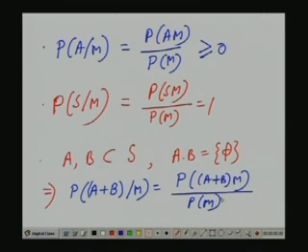Now, we have already seen the distributive property of these set operations, union and intersection. So, (A ∪ B) intersection with M is nothing but (A ∩ M) ∪ (B ∩ M).